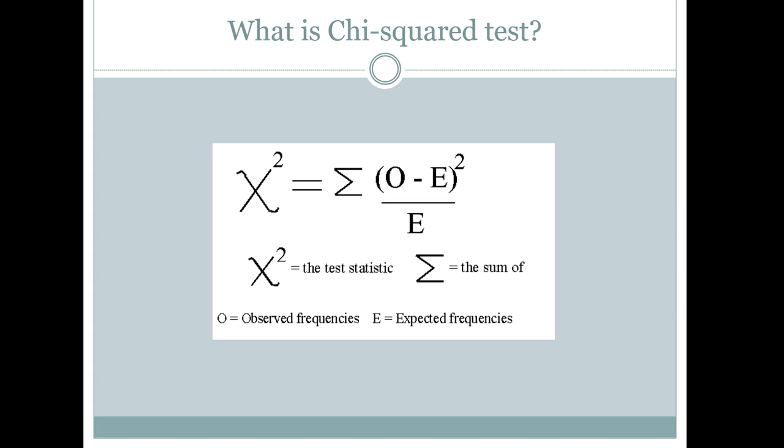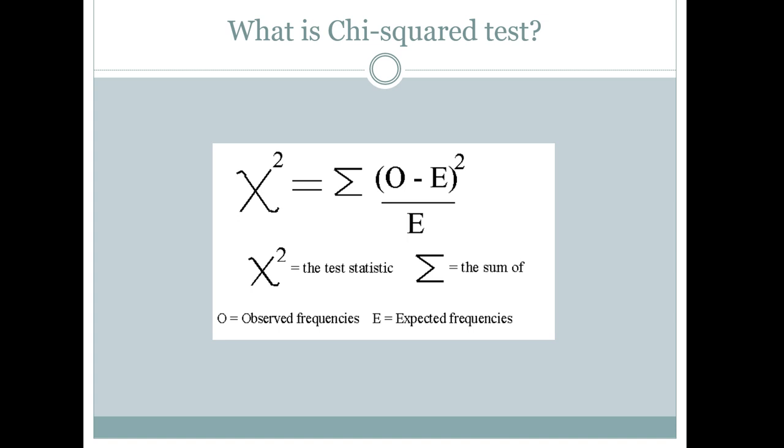The chi-squared test statistic is represented by X squared, and the Greek symbol stands for the sum of, O stands for observed frequencies, and E is for the expected frequencies.